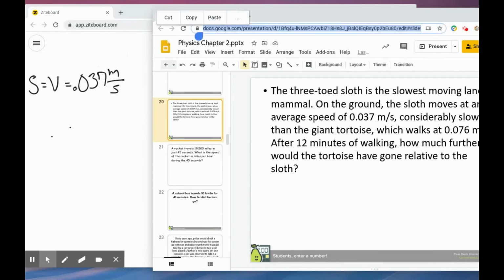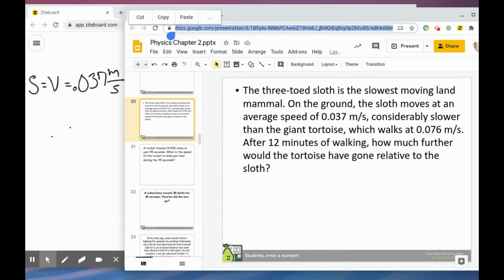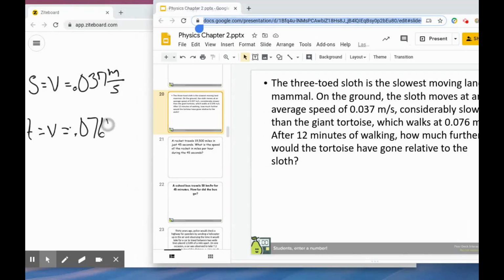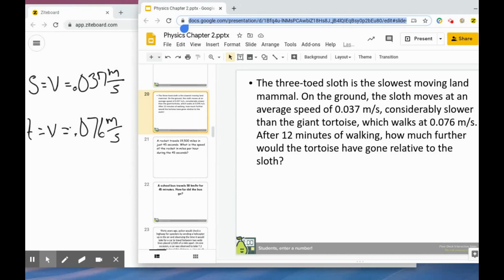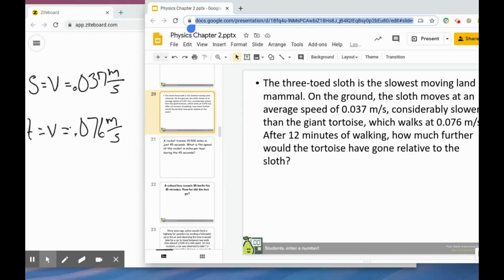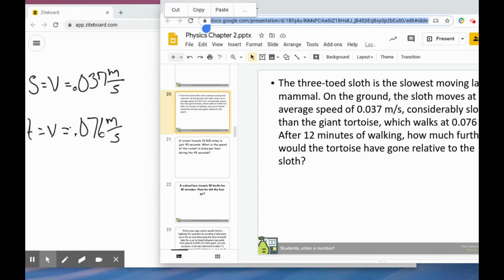And then we also have a giant tortoise with a velocity of 0.076 meters per second. It says, after 12 minutes of walking, how much further would the tortoise have gone relative to the sloth?